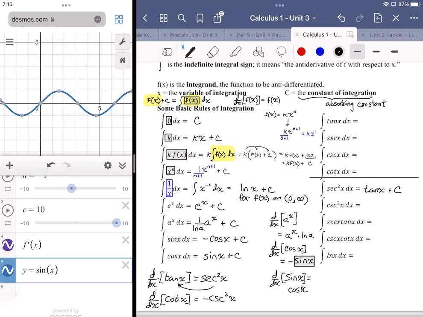All right, so you think of it as negative cosecant squared times -1. So going the other way, I would find the antiderivative of cosecant squared as cotangent of x divided by -1. So negative cotangent of x.